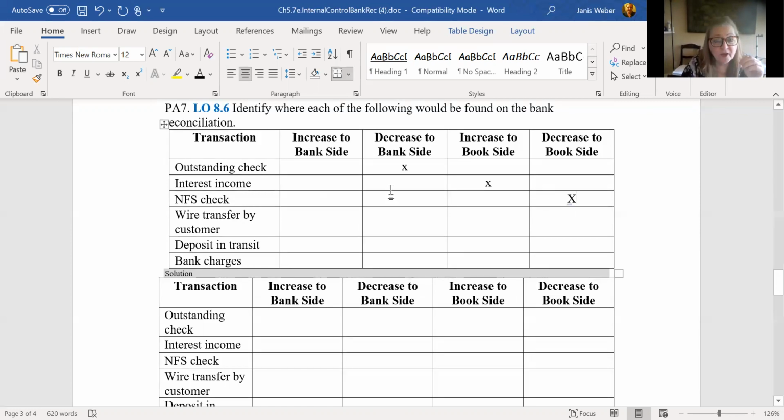Wire transfer by the customer, that's money that was deposited, but we didn't know about it until now. When we get the bank statement, deposit in transit is an increase on the bank side. Bank charges is a decrease on the book side. Sorry about these X's being different. We'll just make them all little since they're almost all little. Okay.